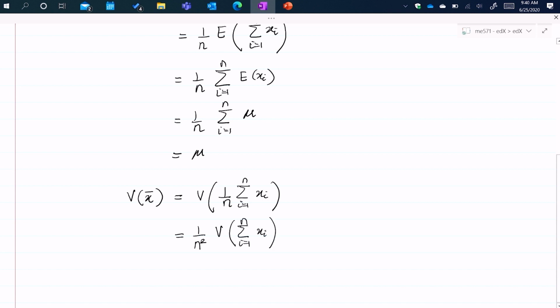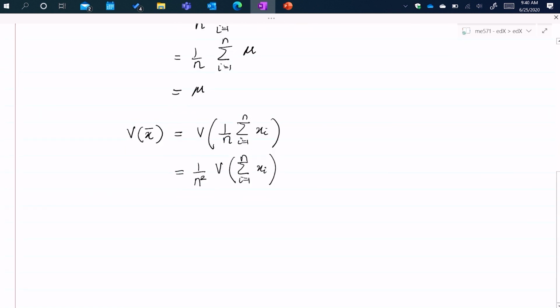And we also know that the variance of a sum is the sum of variances. So this will be 1 over n squared times summation i going from 1 to n of the variance of xi.